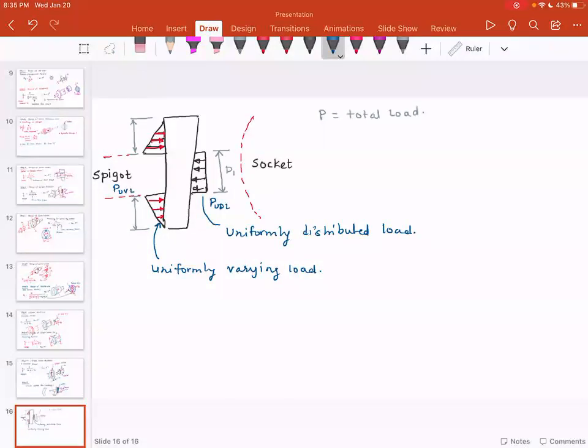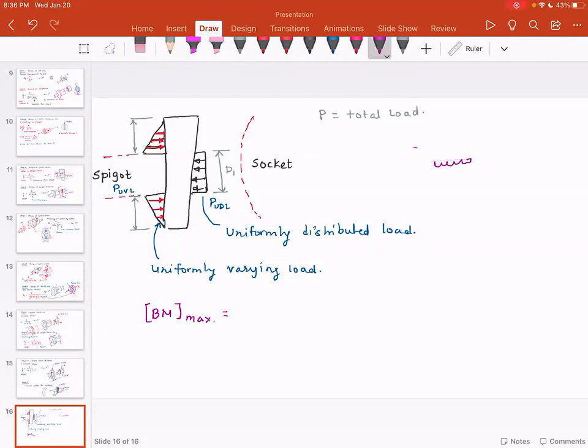So these loads can be found out, and from these loads and the cotter geometry, we can find out the maximum bending moment, BM max. That maximum bending moment is derived based on this type of loading pattern.